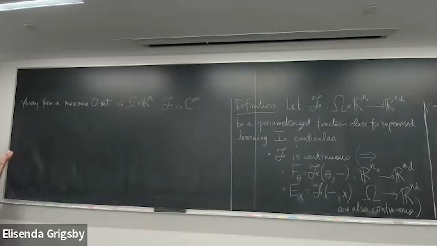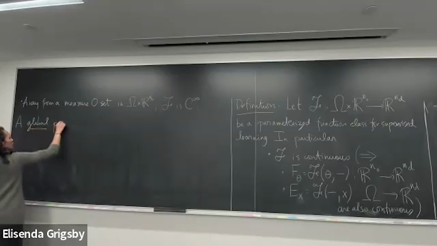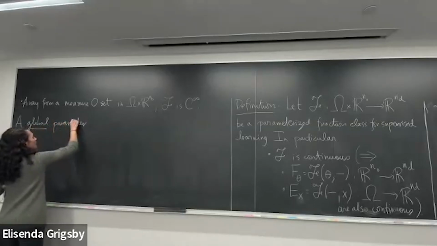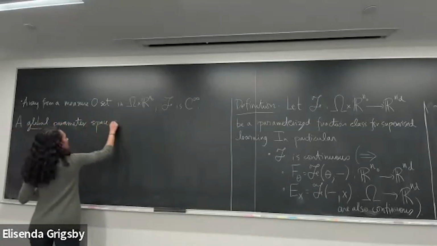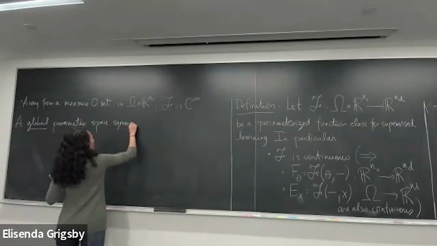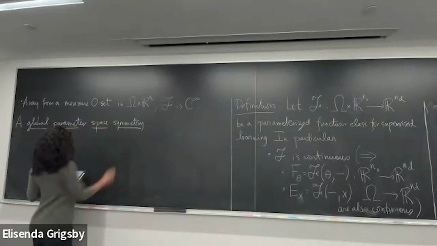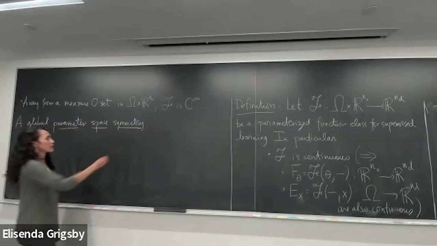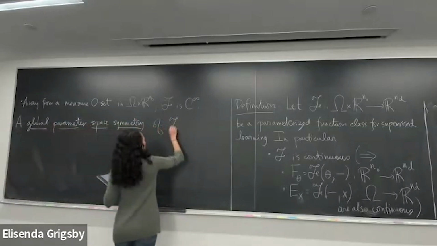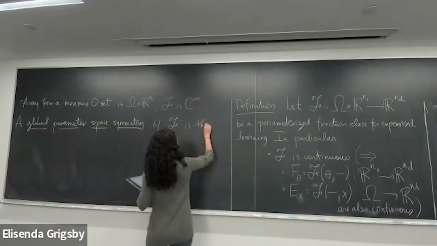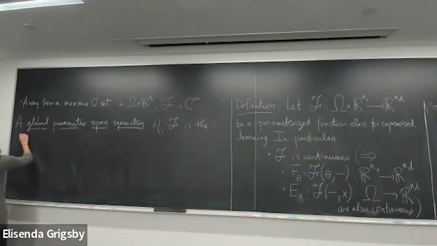And now let me make a definition. A global parameter space symmetry of F, informally, is the action of a semigroup.